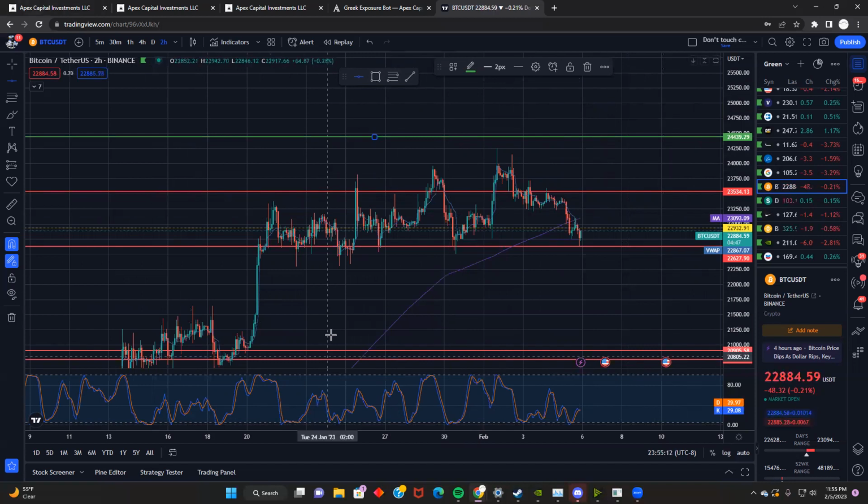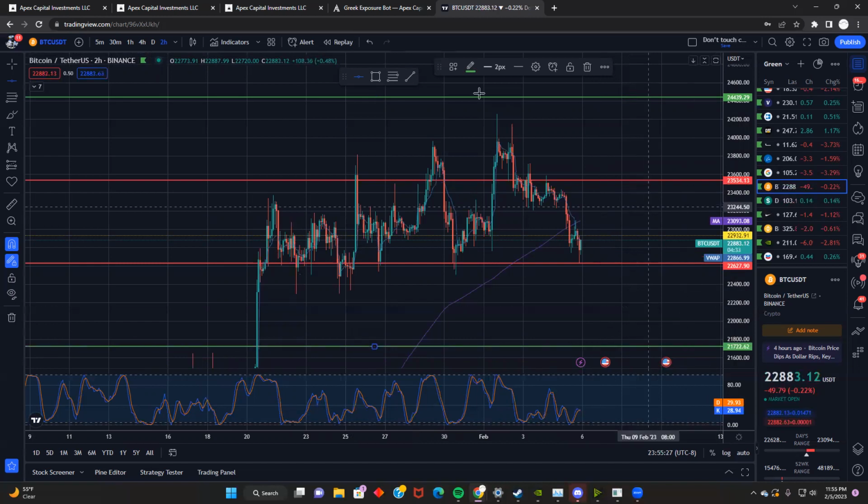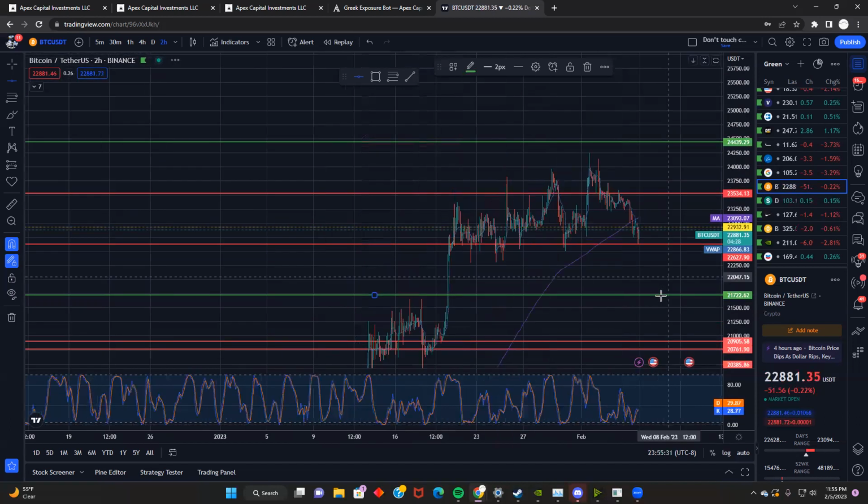And that should give you 21,720, give or take. So we're going to look for that. So that will be pretty much the move that Bitcoin makes.